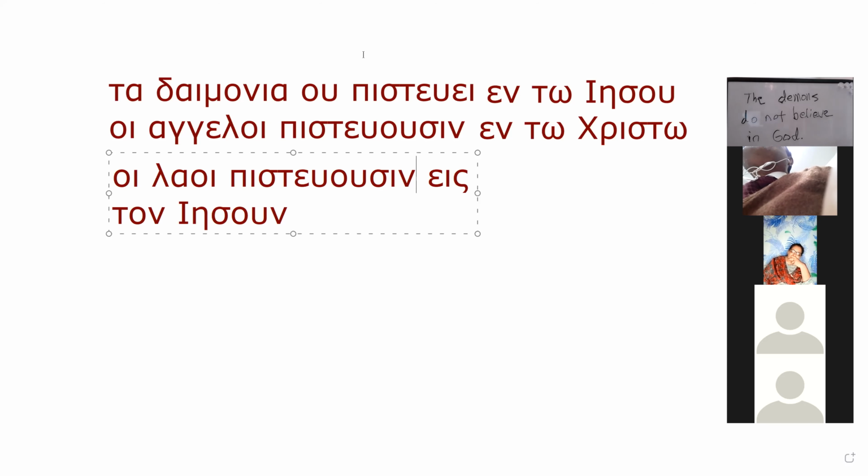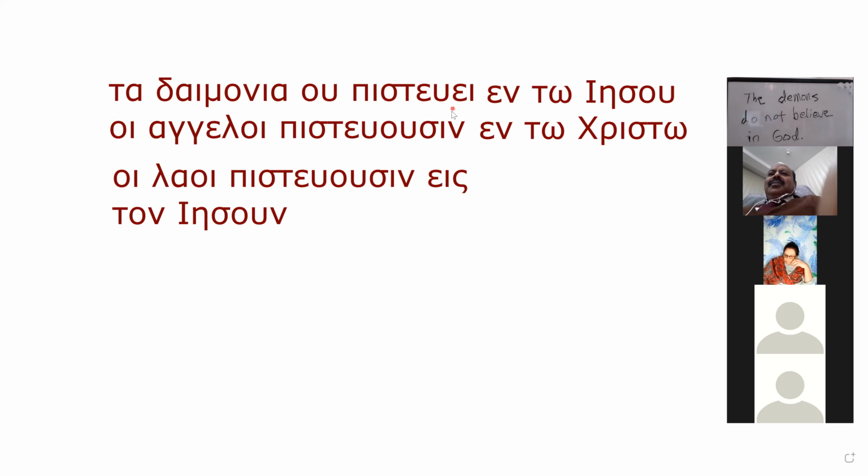But what I want to point out now is simply this, that mainly the neuter plural subject takes the singular verb, pistuei, whereas the masculine subject takes the plural verb if it's plural. Hoi angeloi pistuousin.